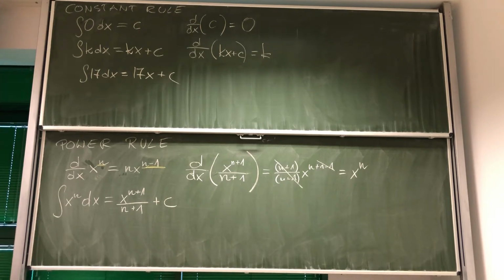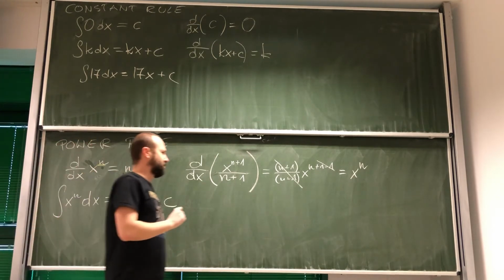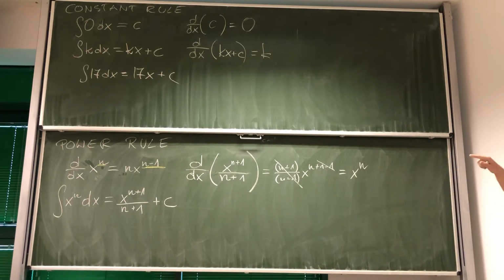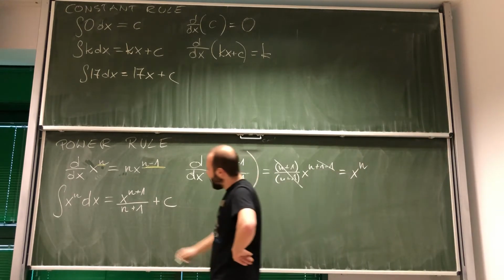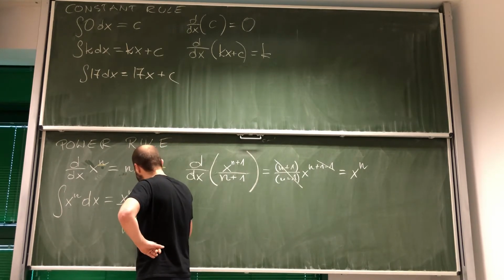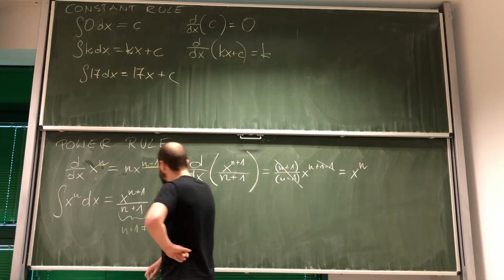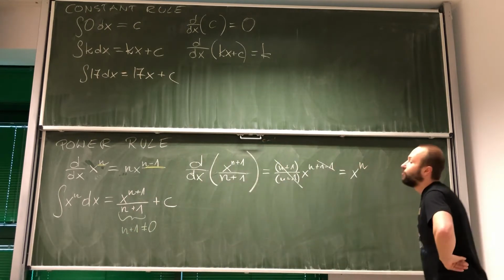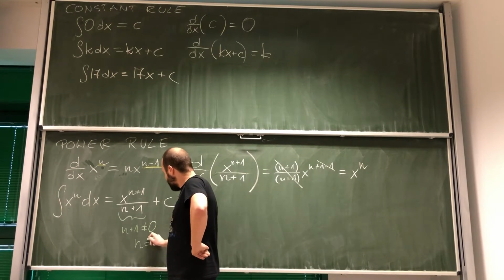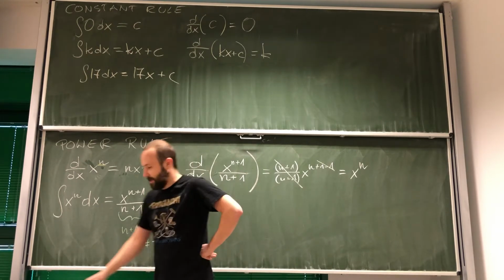But now, when you look at this solution, you might say, wait. It cannot be that we can now use any n in the power. Why? Well, definitely, we see here n plus 1. And n plus 1 must be different than 0, which means that n must be different than -1.